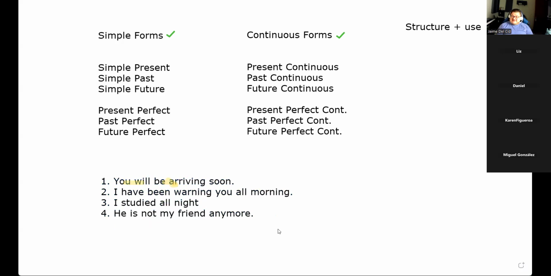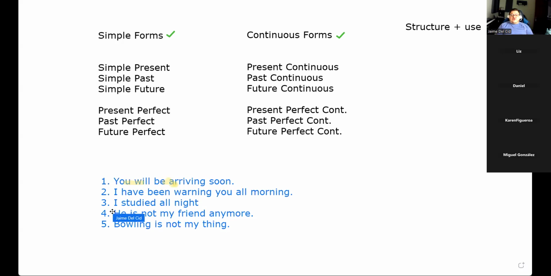Number 4 is one example of having the verb be, but not necessarily being a continuous form, right? So I mentioned that in order for it to be a continuous form, it has to have both, right? I'm going to give you two examples on how this might be confusing. Okay.